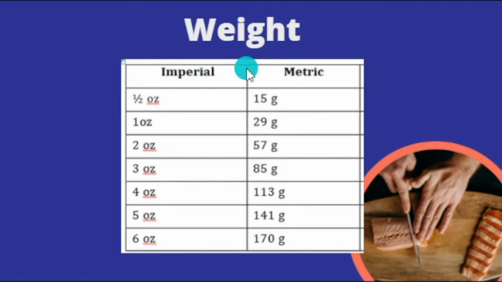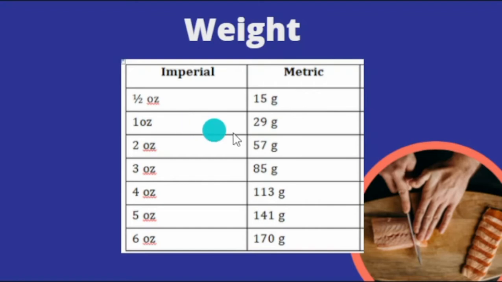One is imperial and one is metric. We can also say English system or metric system. For every 1/2 ounce, just like what we have talked about a while ago, OZ stands for ounce, there is an equivalent amount in metric system, and that is 15 grams.